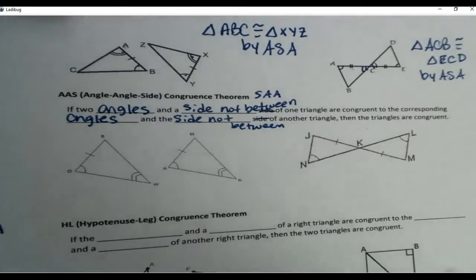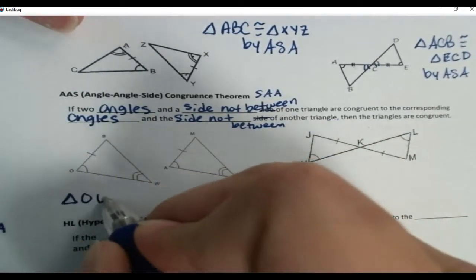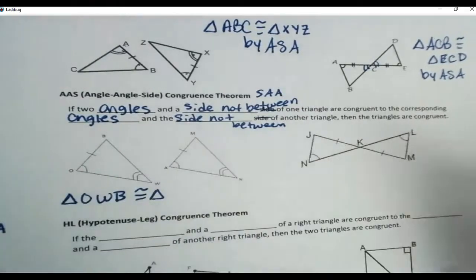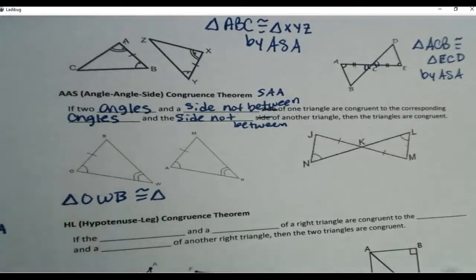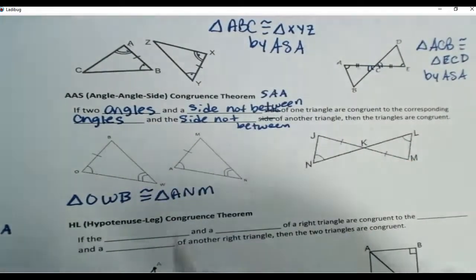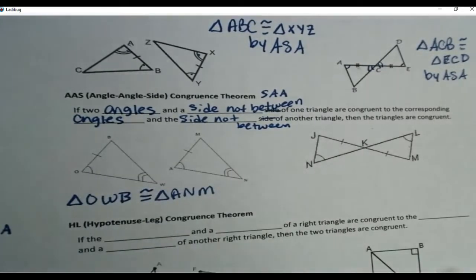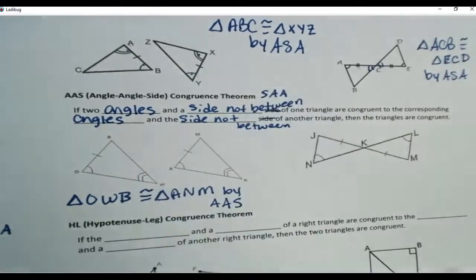It doesn't matter. Either way, it's the same. So then I'm going to say triangle OWB is congruent to triangle ANM. Good. So O matches A, W matches N, B matches M. And again, that's by angle, angle, side.